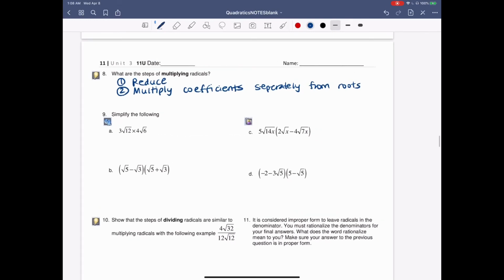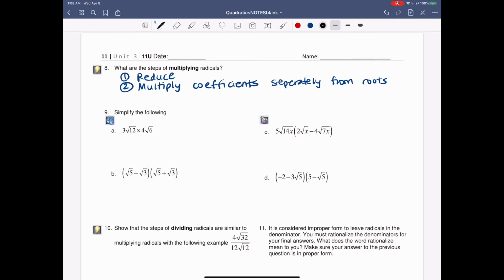So for example, we have 2 square root 3 times 6 square root 2. 2 times 6 is 12, so 2 times 6. And then I'm explicitly showing you the breakdown. 2 times 6 is 12. 3 times 2 is 6.